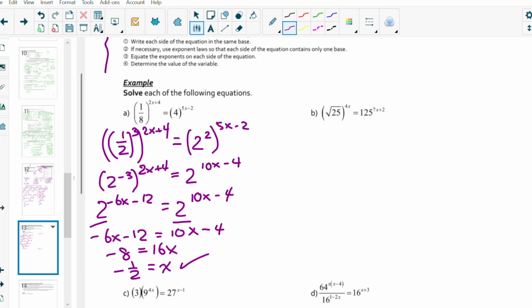Next one, square root of 25 to the 4x equals 125 to the 7x plus 2. So let's rewrite everything with the same base.